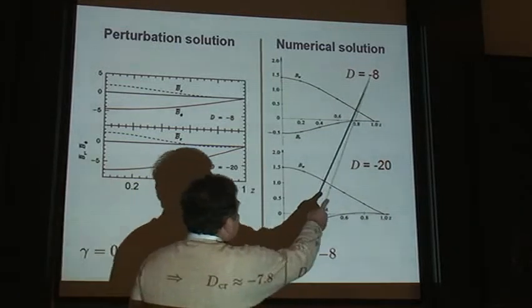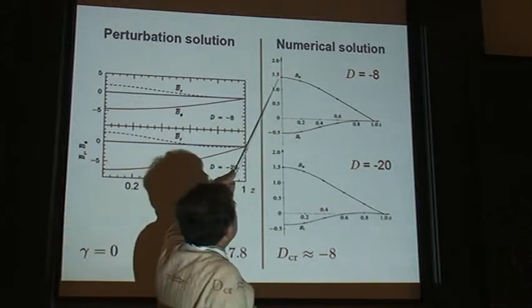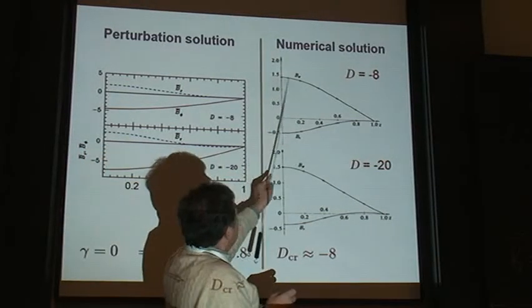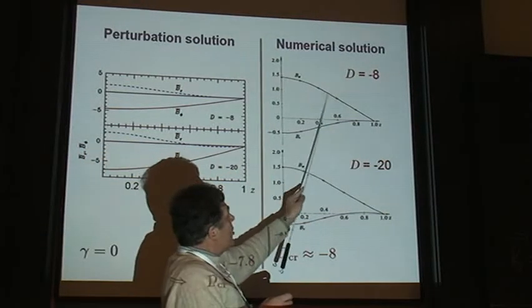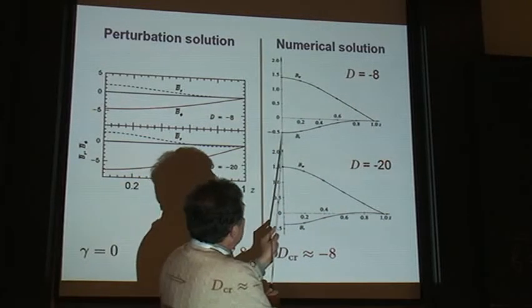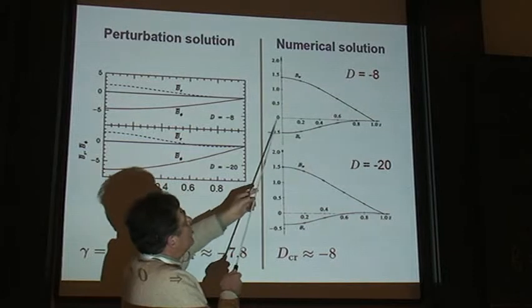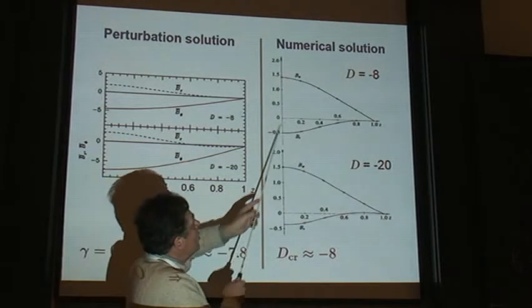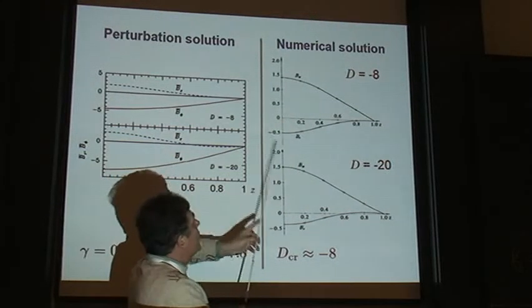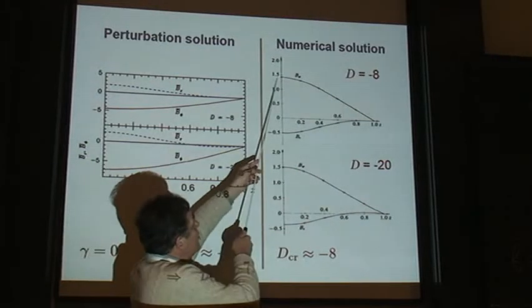This is D equal to minus 8, just critical value. How B phi looks? It starts with a zero derivative, of course, and then gradually decreases to zero. Br starts from a value of the opposite sign, and magnitude is roughly 3 times smaller than B phi. If you can read it, it's minus 0.5 here, plus 1.5 here.